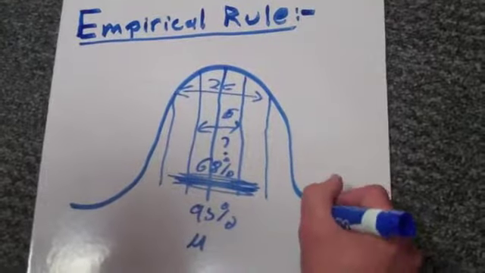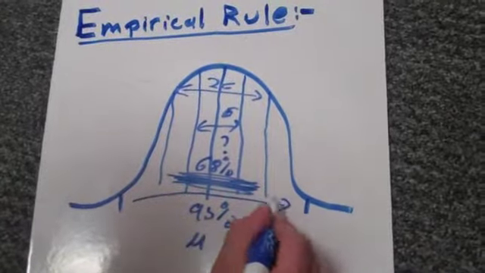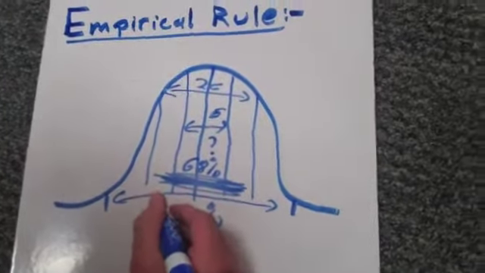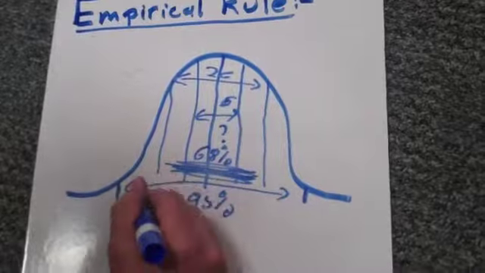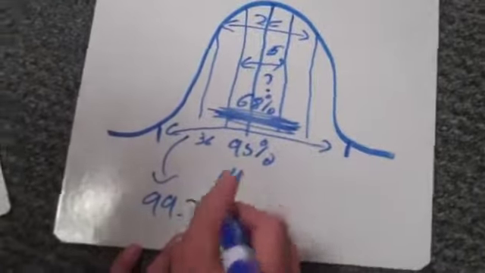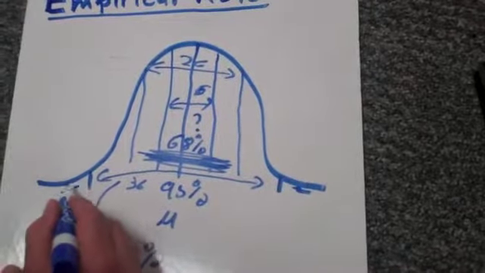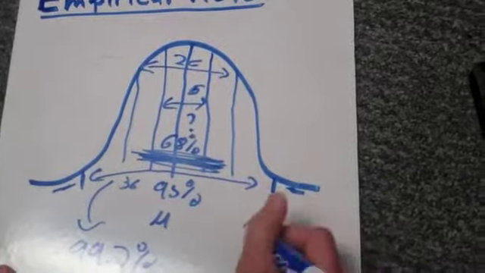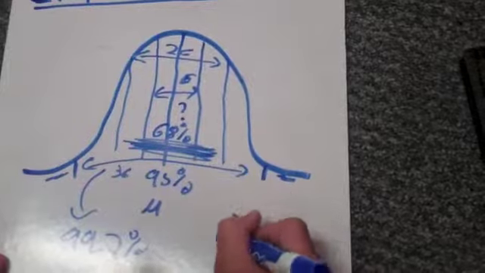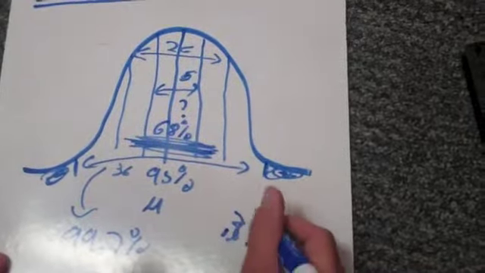And then the last right here and here, where 3 standard deviations away from our mean, we will have 99.7% of our data, which means that basically between here and here, 0.3% of our data will be outside. 0.3%.